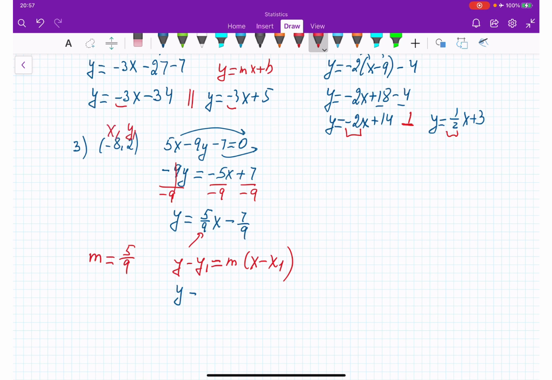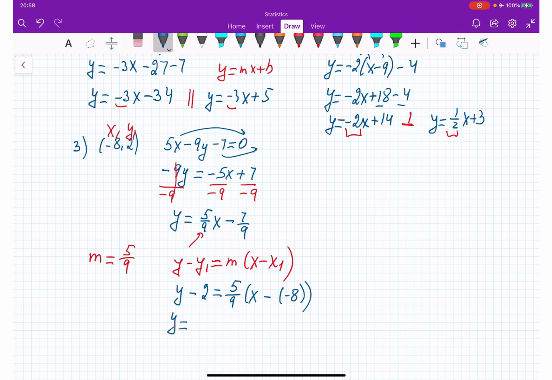So y1 is 2, m is 5 over 9, and x1 is negative 8.